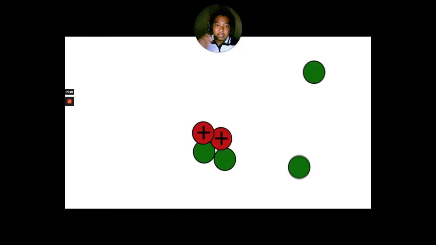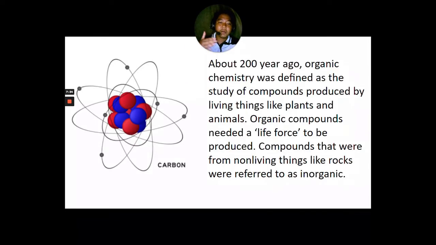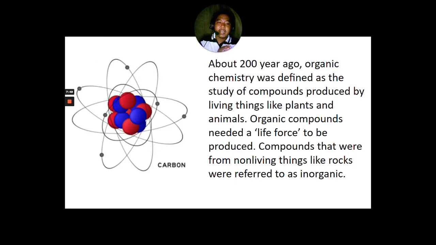And then, the nuclear fusion continues until we build the third element, lithium, the fourth element, beryllium, and so on and so forth. So basically, carbon is a product built many years ago inside a star. Maybe you have heard of the statement that carbon is the element of life. Why is that?